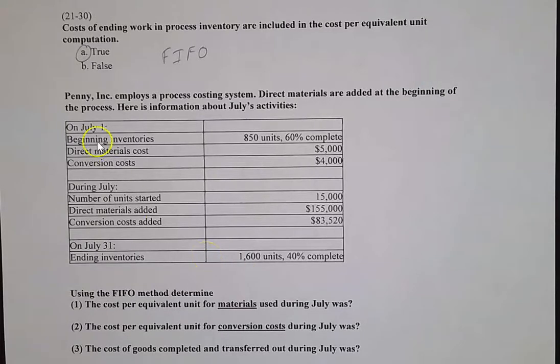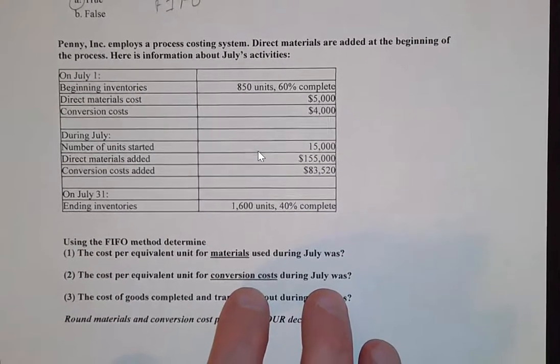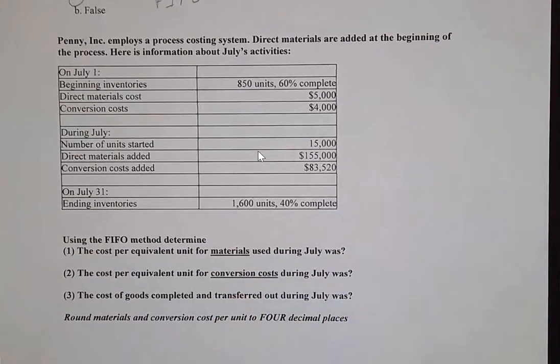Looks like we have a company here, Penny, that employs a process costing system. Direct materials are added at the beginning of the process, and we have some information about their activities. Before we get too much into that, let's just see what I'm going to ask us to do here, because I have a feeling it's quite a bit.